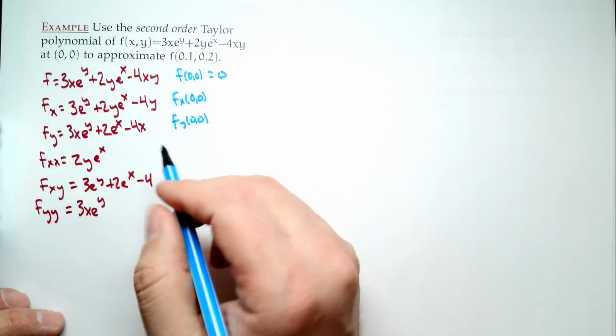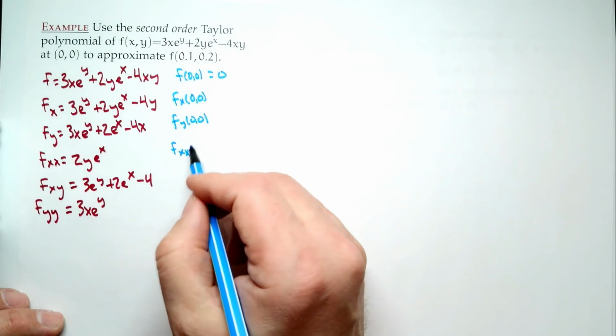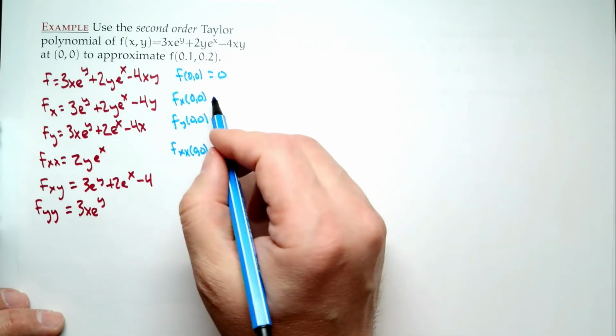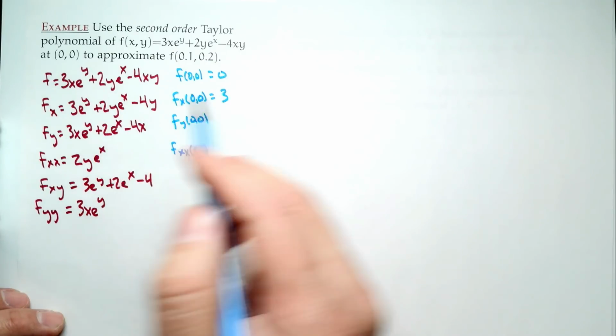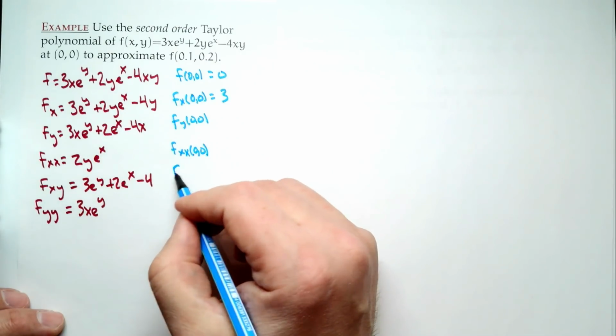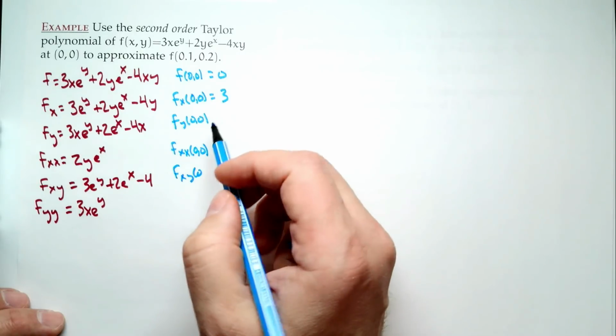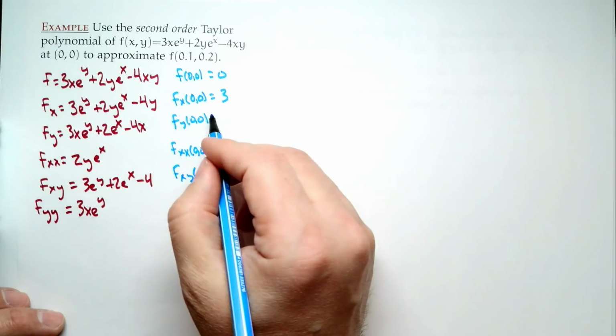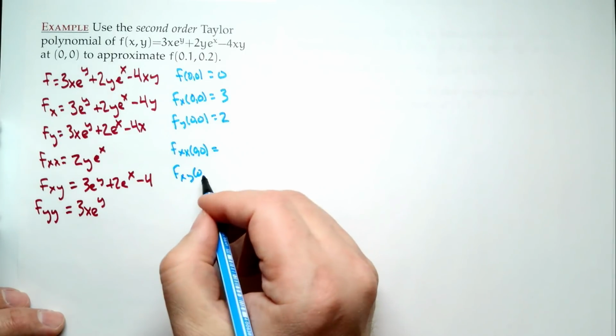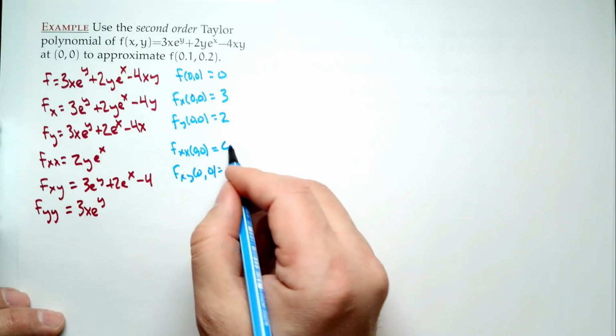It's 0. What's f sub x at 0, 0? 3, because the y's cause it to disappear. What's f sub y at 0, 0? 2. Yeah, because there's that 2e to the x. F sub xx at 0, 0? 0.